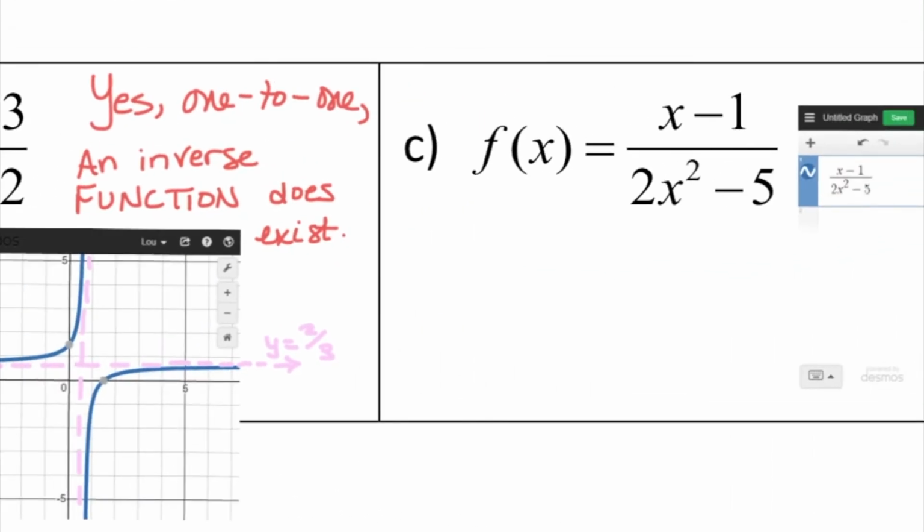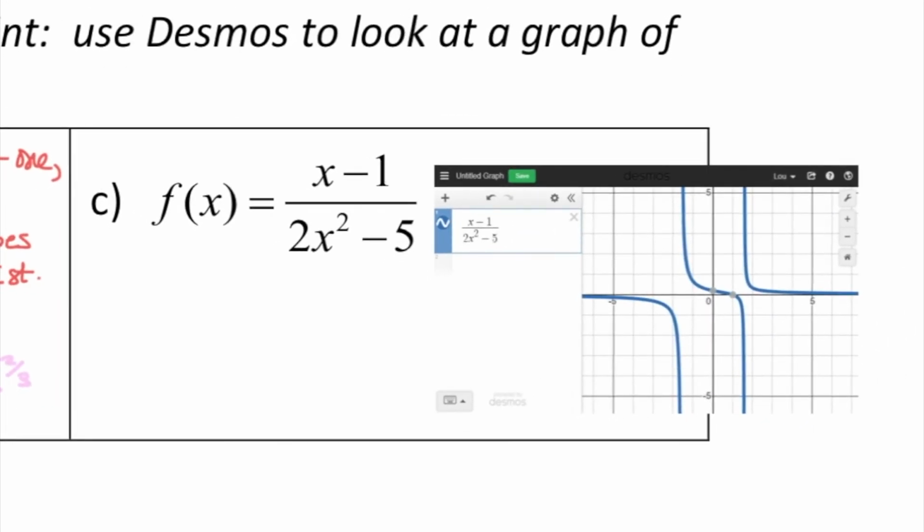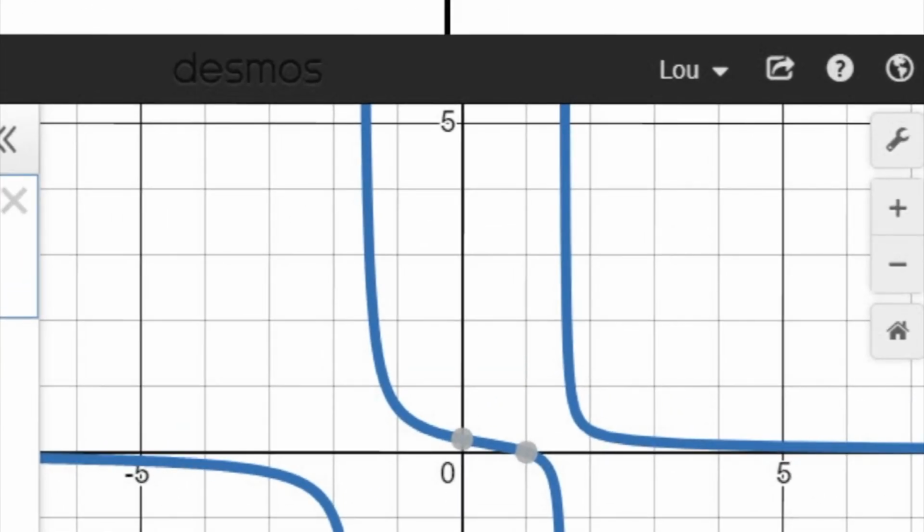And then in this third example, hopefully you can see that it does not pass the horizontal line test. And if you could only see the mistakes I make, that was the least straight line I've ever drawn.